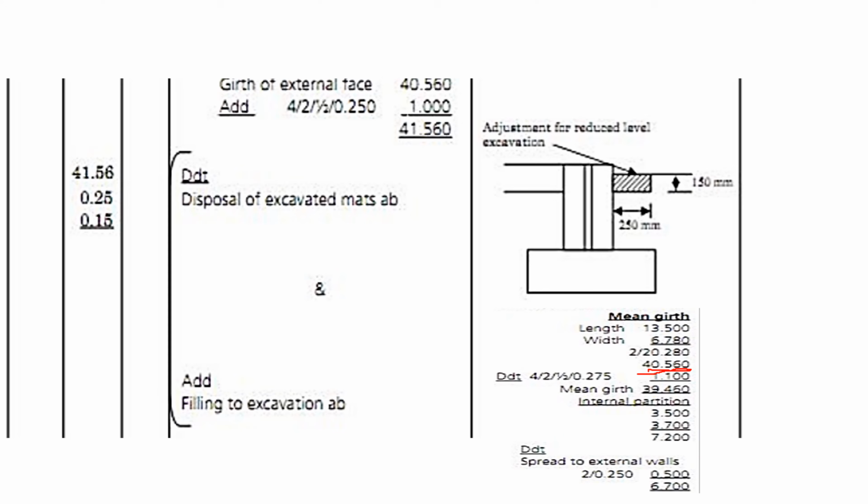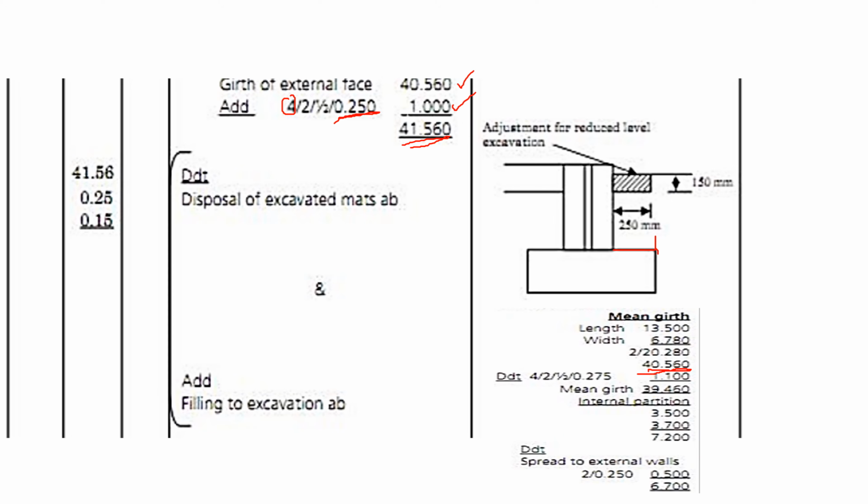Then when we take 40.56, we shall add number of corners times the thickness of the reinstatement. How many corners do we have? We have 4 corners. We multiply by the thickness of the reinstatement. The thickness of the reinstatement is this on the spread, which is 250. So we shall get 1. So 40 plus 1, we shall get the center line of reinstatement.